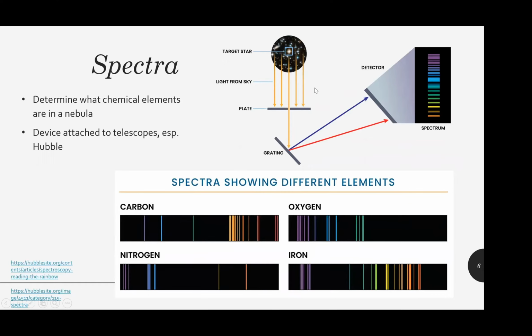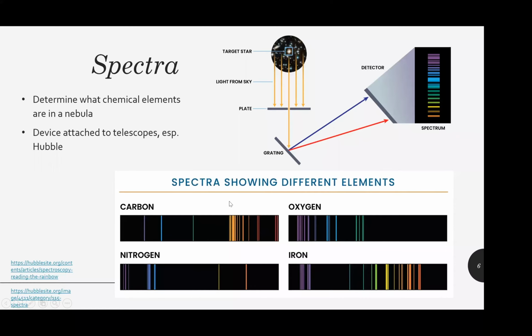So the way spectrometry works is, say we're looking at a star in the night sky. Then that light comes in and bounces off a grating, which acts like a prism that splits up the white light from the sky into a spectrum.